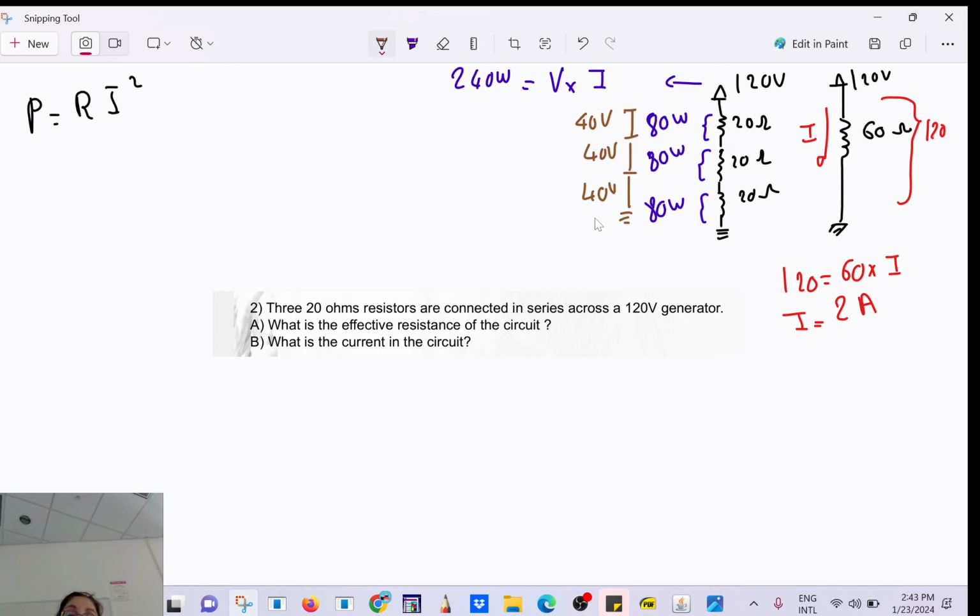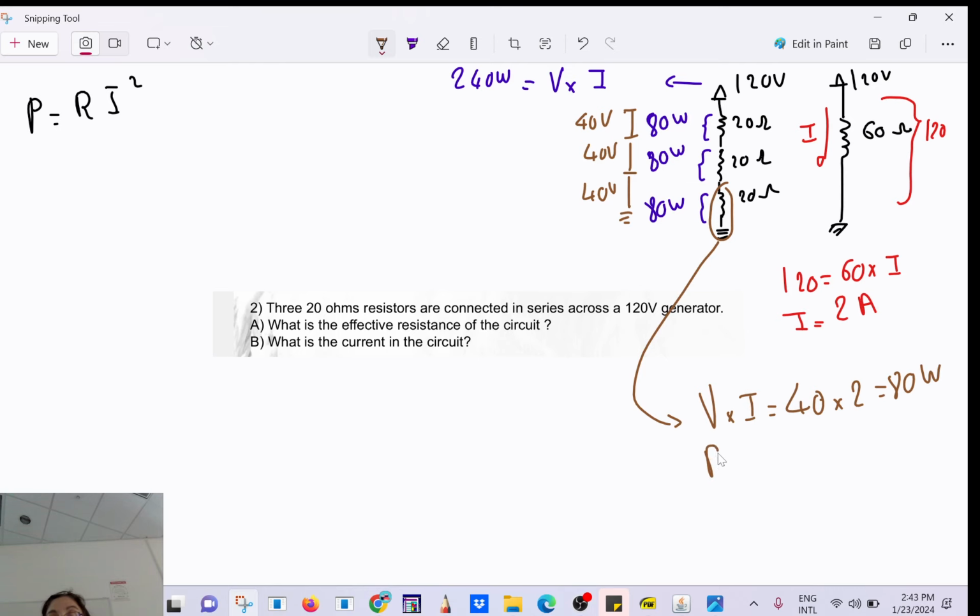What else? You can even find the power consumed here by just this one. You can say it's going to be V times I. Let's verify. The voltage drop here is 40 times the current is 2. So that's going to be 80 watt.